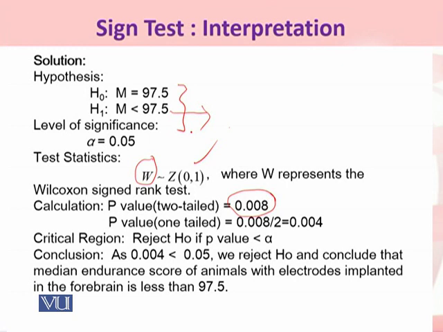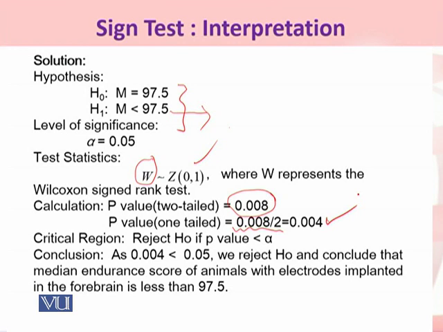So we have to divide this two-tailed p-value by 2 to obtain the one-tailed p-value. See, this is how I have done it. I have divided the two-tailed p-value by 2 to get the p-value for the one-tailed test, and that comes out to be 0.004.